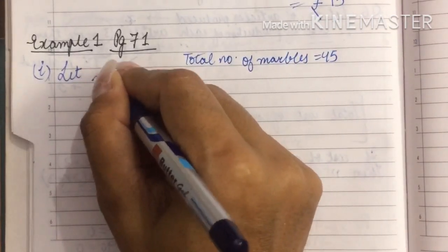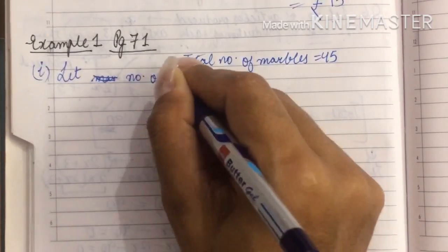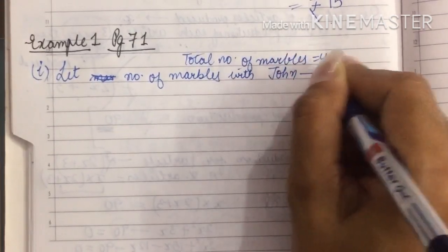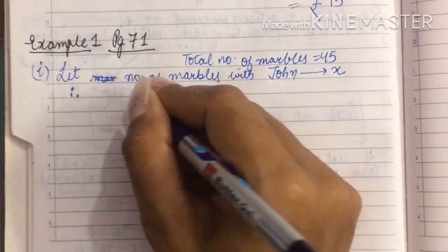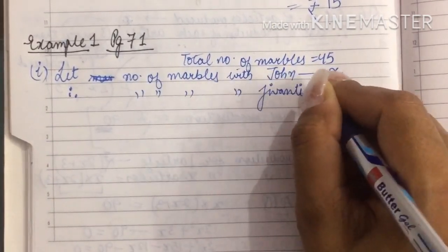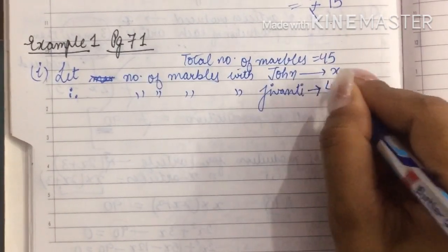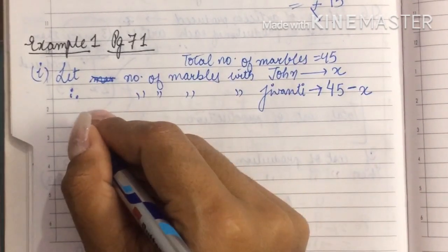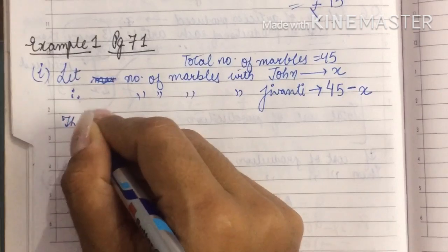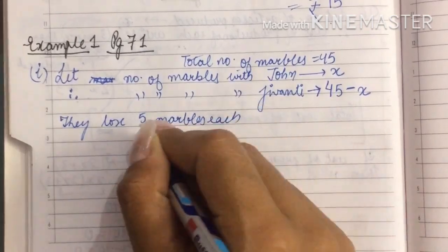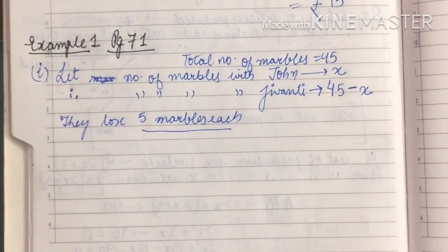So let number of marbles with John as X, therefore the number of marbles with Jivanti, this is like sum of numbers, will be total minus X. They lose 5 marbles each. So John also loses 5 marbles, Jivanti also loses 5 marbles.